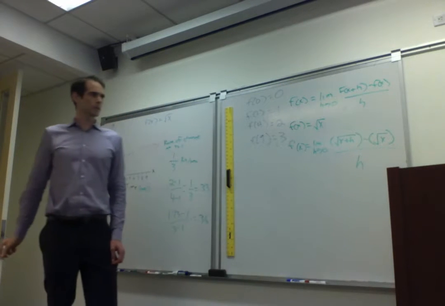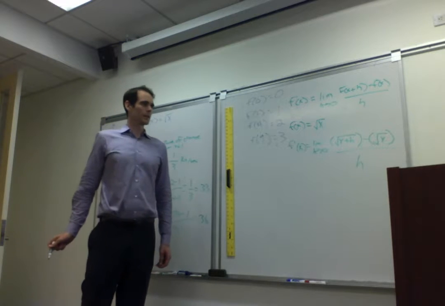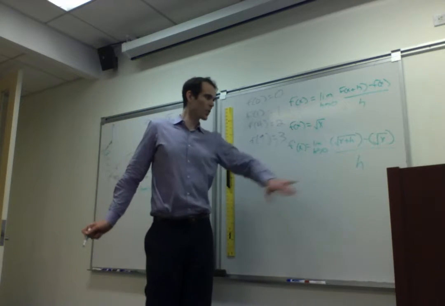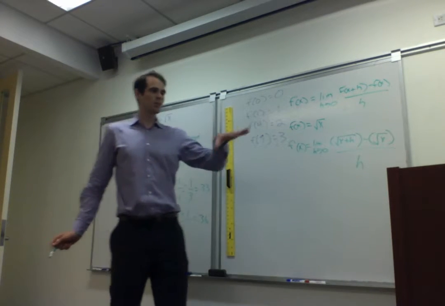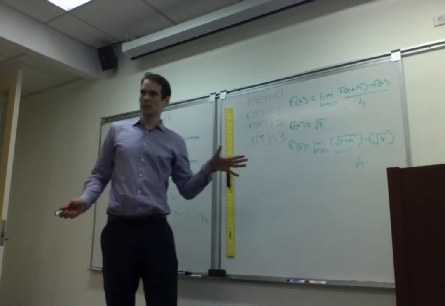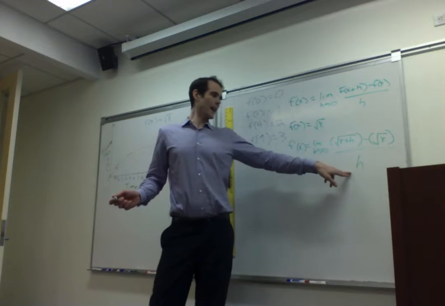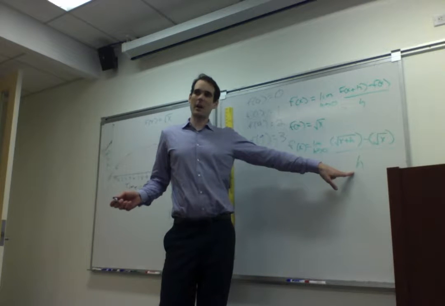Is that right, Brandon? Yep. Okay. So all we need to do is solve and get that into a usable form. Now here's the thing. Right now, we've got an h in the denominator.